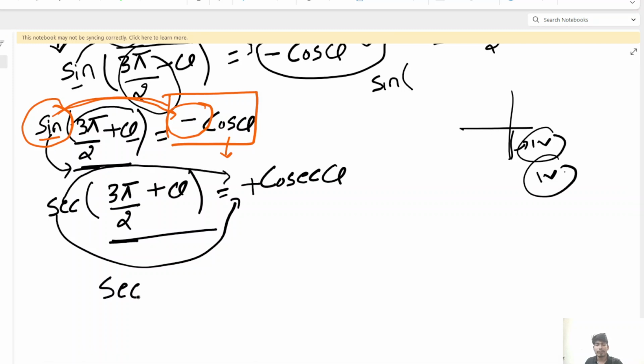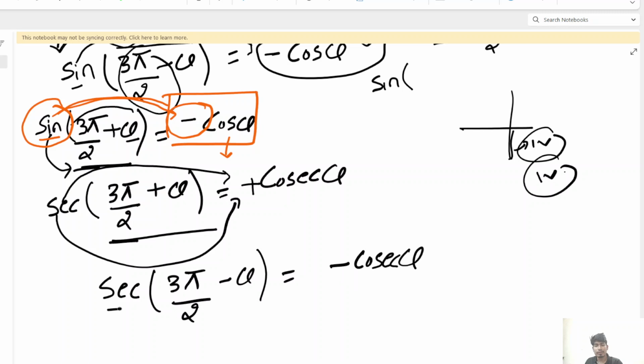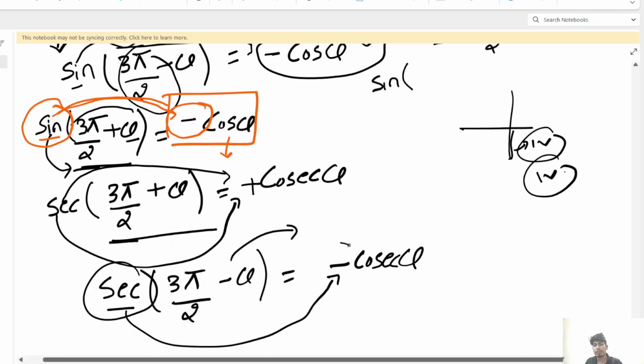Similarly sec of 3 pi by 2 minus theta is minus cosecant theta, because this is in the third quadrant, and in the third quadrant the sec function is negative, so this sign comes.